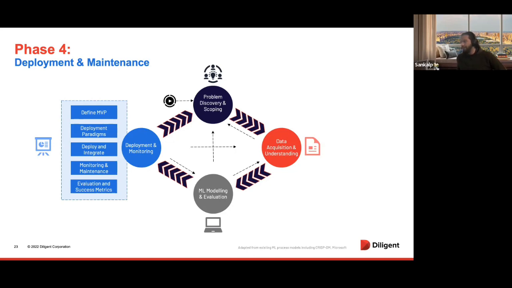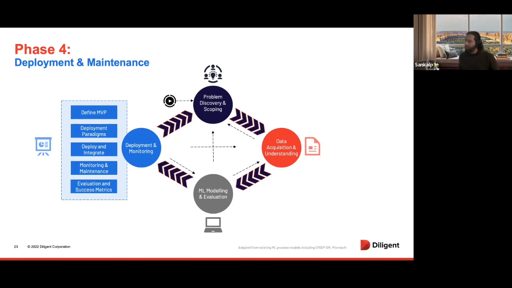So during the initial part of phase 4, all you care about is building something small scale, building your minimal viable product or the MVP, just to be able to test the waters and get good feedback, right?